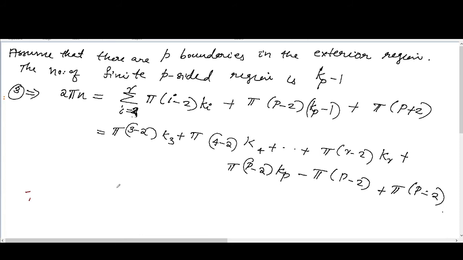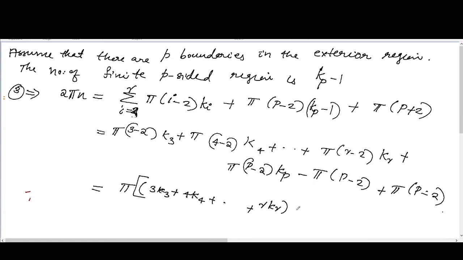Okay. Now that is equal to pi into, here you will have 3k3 plus 4k4 plus etc. plus rkr.